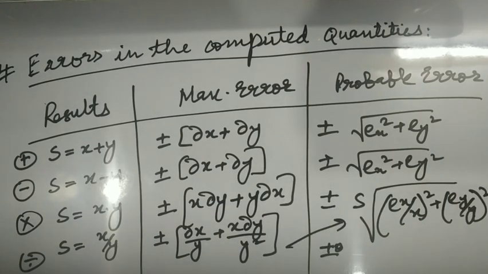So this is an important table and these are the standard results. You just need to remember these values in case of addition, subtraction, multiplication as well as division. So these are the formulas for maximum errors as well as probable error. Now we will solve a numerical based on this.